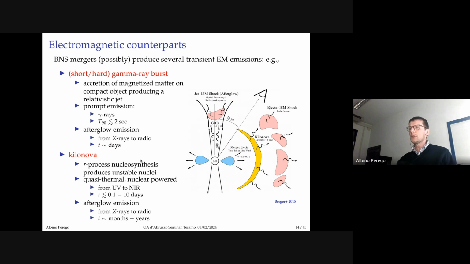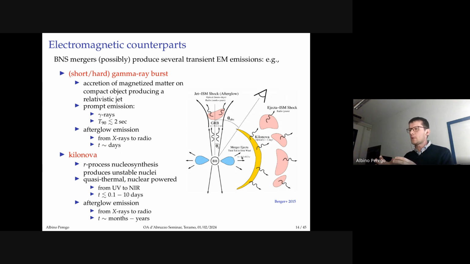At the same time, there is another kind of transient which is very peculiar related to this, and it's called a kilonova transient. And this is exactly the proof, the smoking gun, that r-process nucleosynthesis is at work, because when this ejecta gets expelled into the interstellar medium, it undergoes r-process nucleosynthesis, but the nuclei that are produced are radioactively unstable.